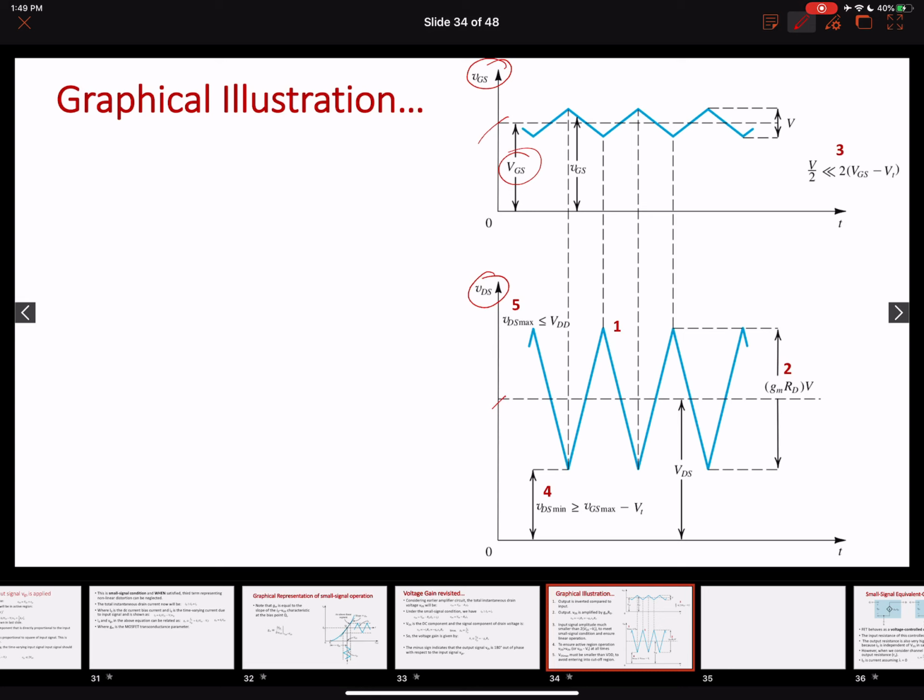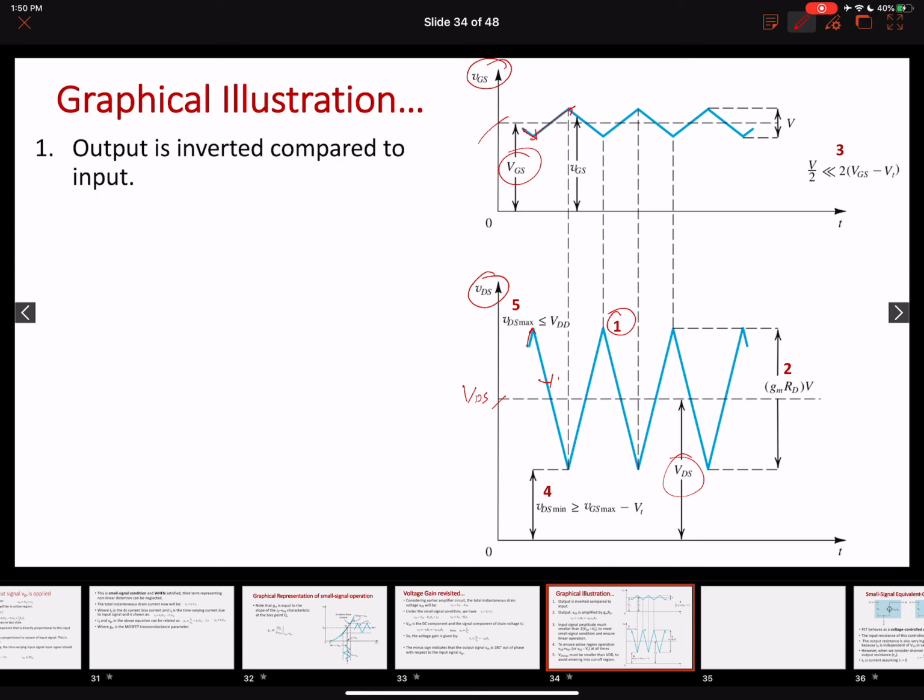And this is the VDS, the DC output drain to source voltage when no time varying component was present. So the first thing to note over here is the output voltage is inverted, or 180 degrees out of phase, right? As the input is increasing, the output is decreasing, and as it is decreasing, the output is increasing. So the first point is it is inverted and amplified.